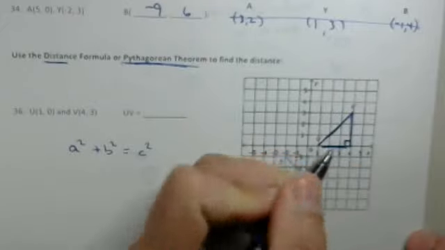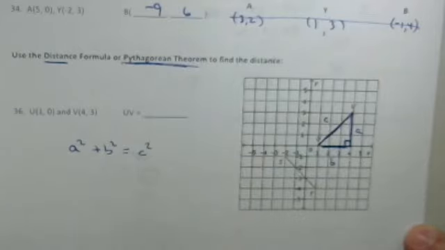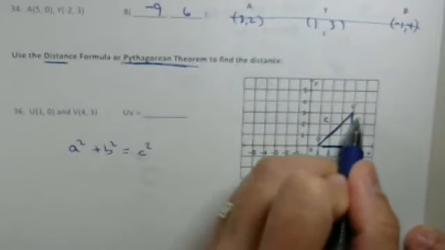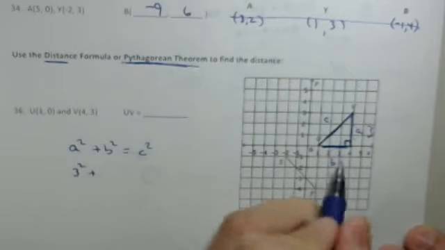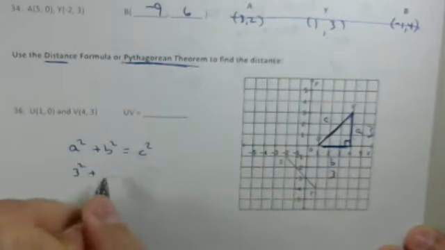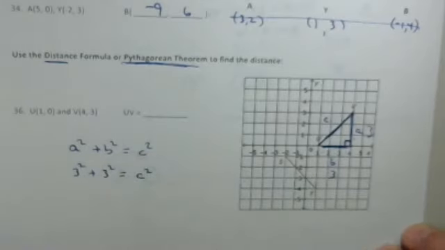You can see there's my right angle. There's A, there's B, there's C. So I can see real quick that A is 3 units, B is 3 units, and C obviously is unknown.